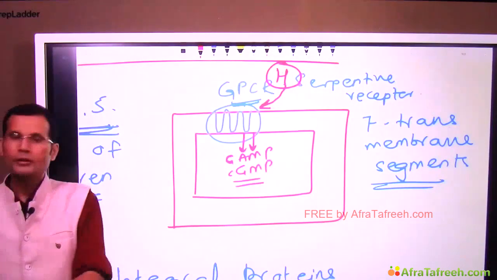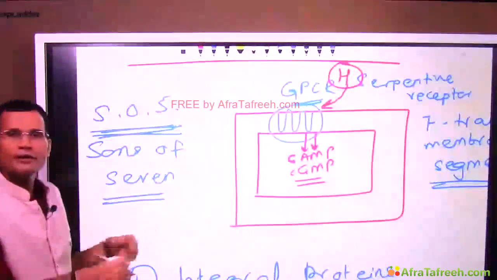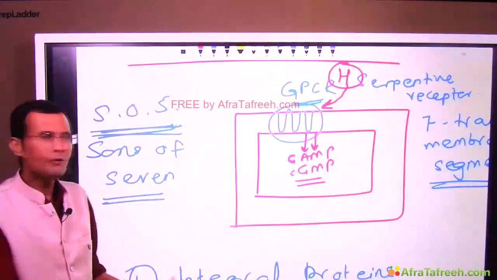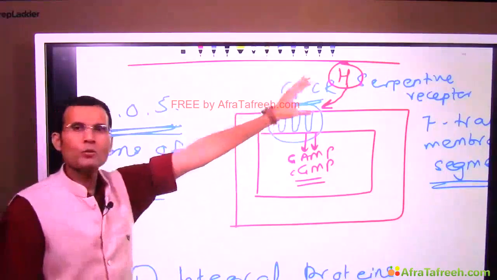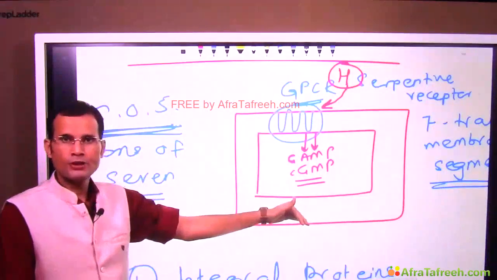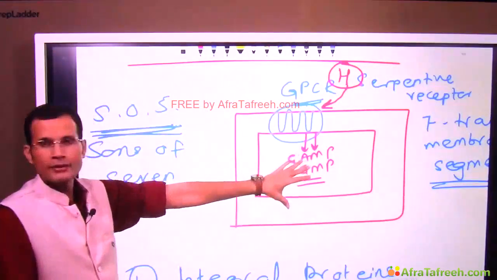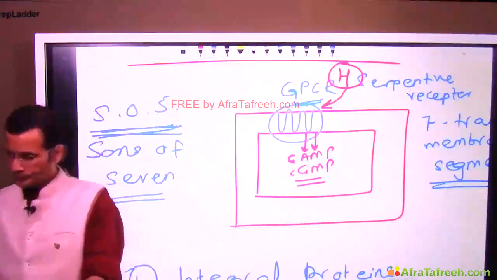All these are called sons of 7, kids of 7, because this receptor has 7 transmembrane segments. So when a hormone combines with this receptor, the intracellular products formed, the second messengers, are called sons of 7, right?